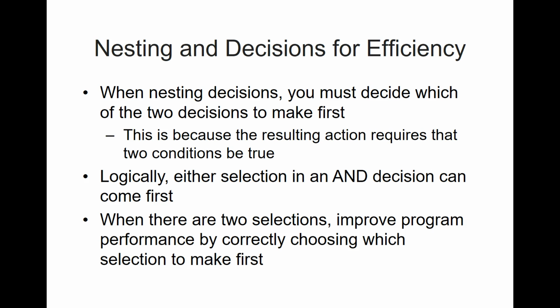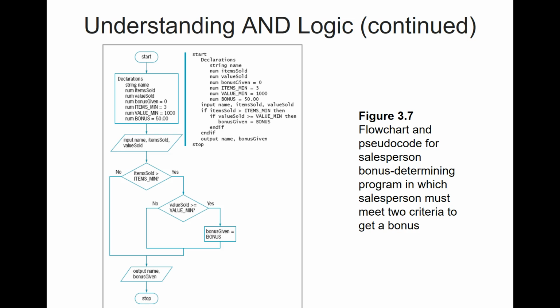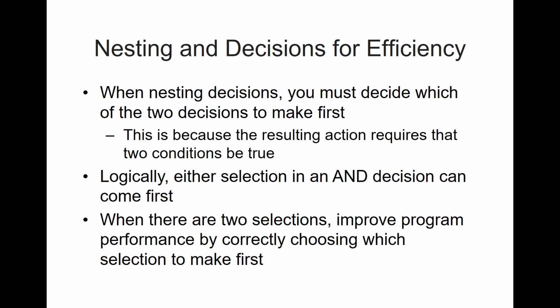One thing we have to worry about, though, is efficiency. So if I go back here, either way I write that, it would work. If I flip those two conditions around, either way is going to work. On the other hand, in a lot of cases, I want to decide which one of those decisions I need to make first.